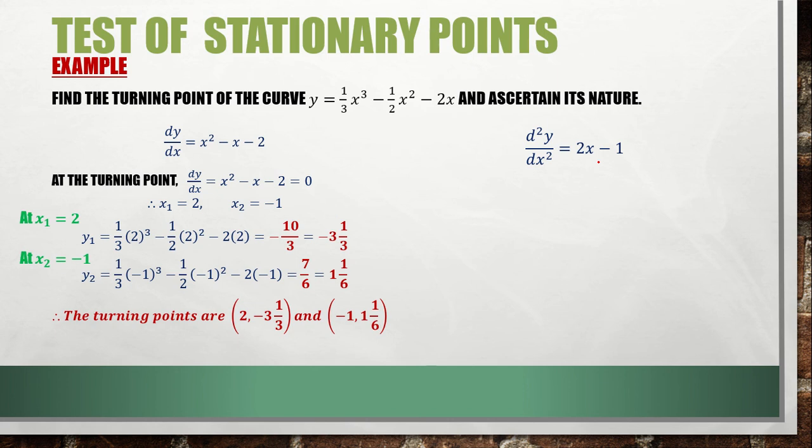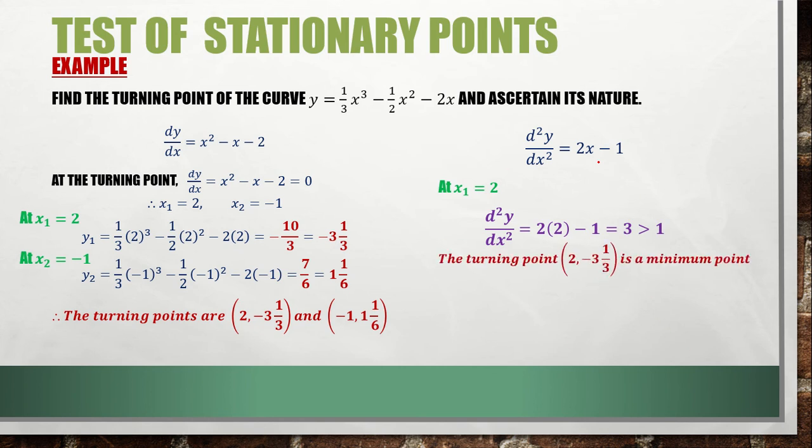So the second derivative here, we will substitute for x. And what is x? X here is basically the turning point. But notice here we have 2 turning points. So we are going to basically substitute each of the turning points simultaneously. So the first case, at x is equals to 2, the second derivative will be 3, and 3 is greater than 1. So it means the turning point is a minimum point.